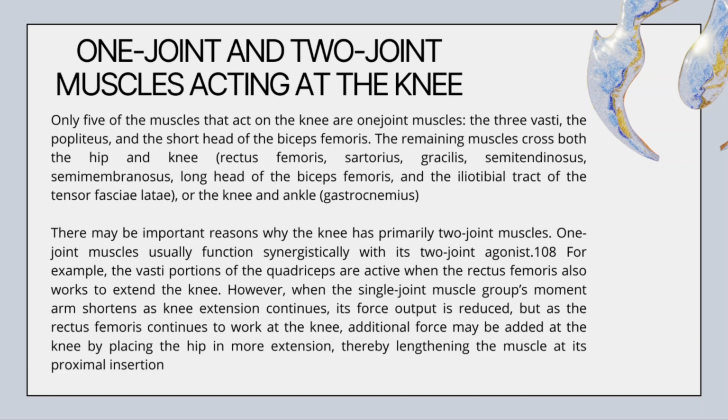Yan. One joint muscle daw usually nagpo-produce siya ng motion in only one plane. For example, the vastus intermedius produces knee extension. On the other hand, biarticular muscles also produce a transverse component. One joint or monoarticular muscles are usually used to produce force, whereas the biarticular, the two joint muscles, determine direction of movement.